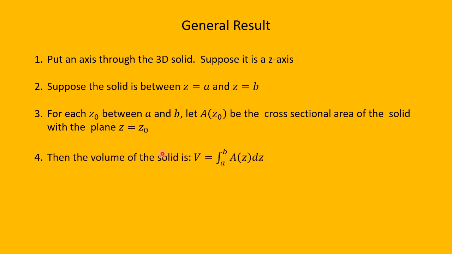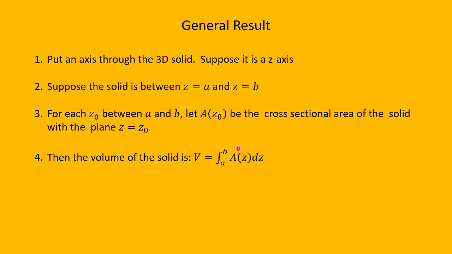Then the volume of the solid we get by just integrating those cross-sectional areas. The volume of the solid is equal to the integral from a to b of A of z dz. So what we saw up here is that the solid is between a and b, and for each z value between a and b, for instance, a z0 value, A of z0 is going to be the cross-sectional area.